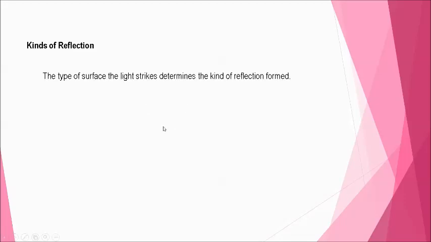Now, speaking of reflection, there are actually two kinds of reflection. The type of reflection depends on the surface that the light strikes. First, we have the regular reflection.